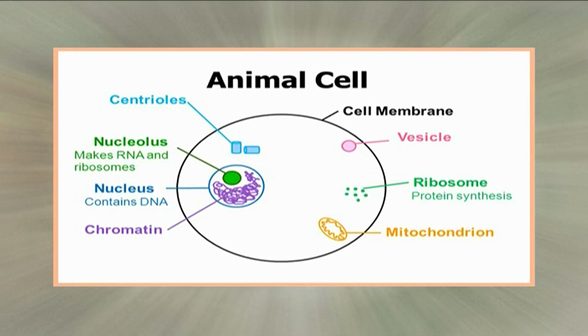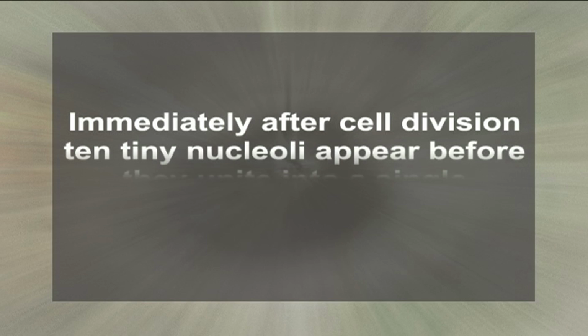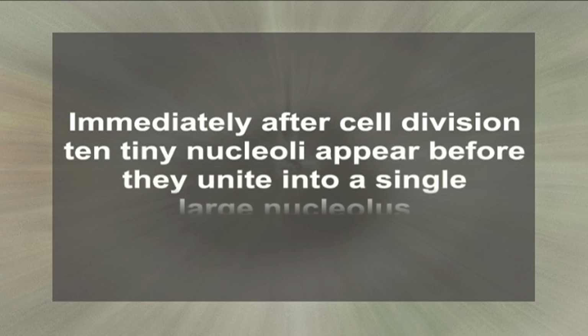Each diploid cell in the human body features only one nucleolus, though immediately after cell division, 10 tiny nucleoli appear before they unite into a single large nucleolus.